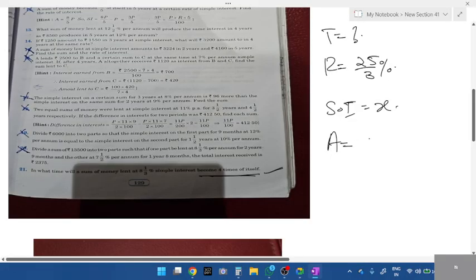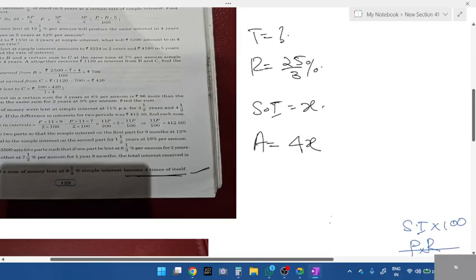You have to take amount as 4 times, meaning 4X. Very good. If it is principal, you take P is equal to X and amount is 4X. If it is simple interest, take SI is X, and amount is 4X. Wait, just a minute.